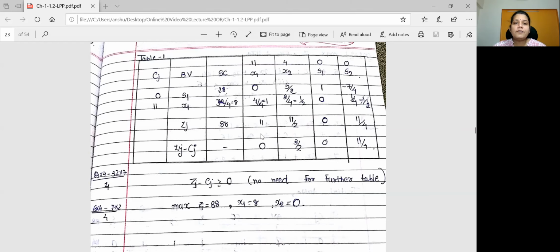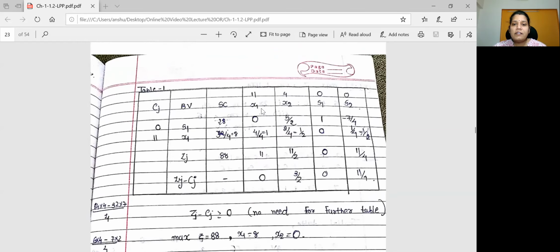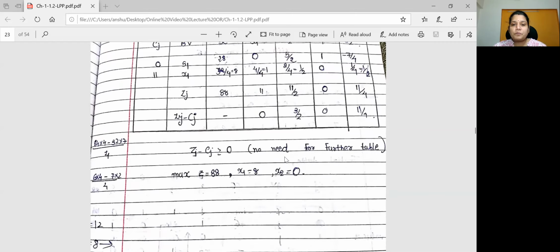Again we find Zj minus Cj. So how do we find the Zj minus Cj? This is our Zj and this is our Cj: 11, 4, 0, 0. Okay, got it. So 11 minus 11 is 0, 11 by 2 minus 4 is equal to 3 by 2, 0 minus 0 is 0, and 11 by 4 minus 0 is 11 by 4.